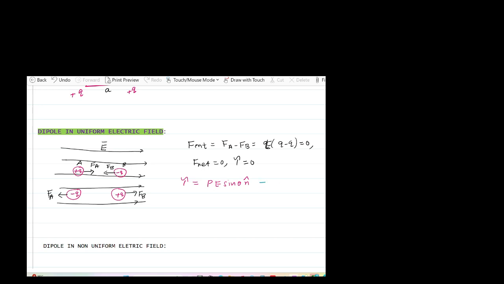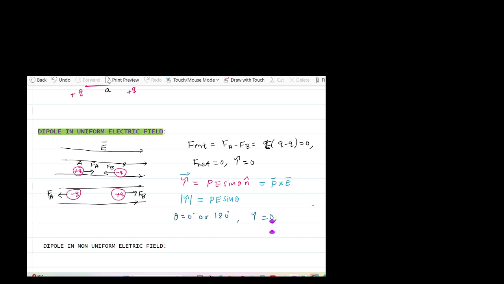So I can write tau equal to p bar cross E bar, that is pE sin theta. The tau is a vector, that's why n cap. The magnitude of tau is equal to pE sin theta. Where theta is equal to 0 or 180 degrees, then tau automatically is 0, since sin 0 or sin pi is 0.